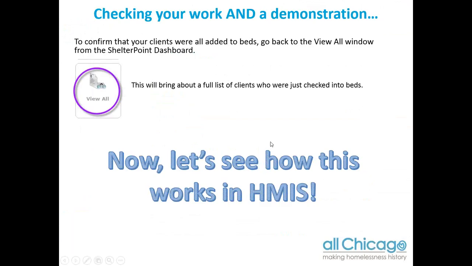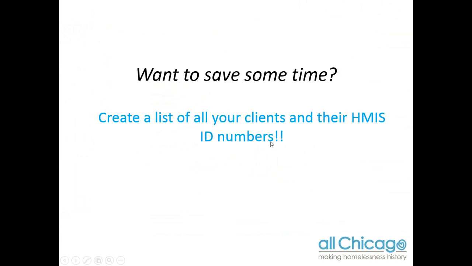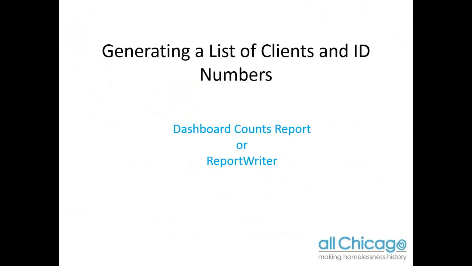At this point, these are some slides that you'll have available to walk you through those steps that we just took of generating that list of clients from a dashboard counts report or Report Writer.